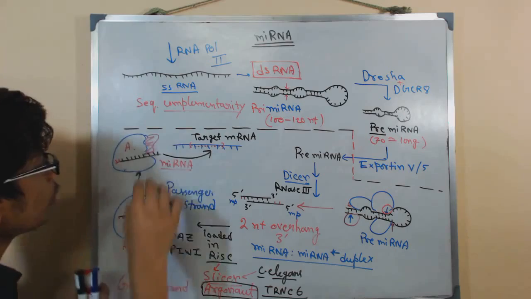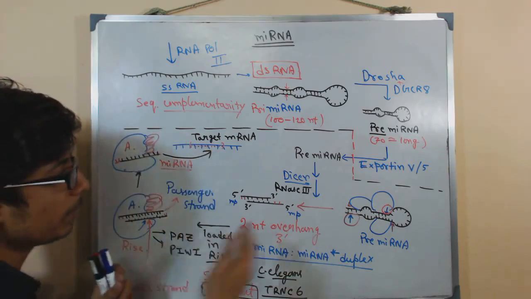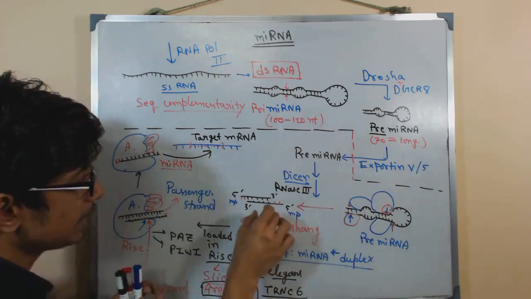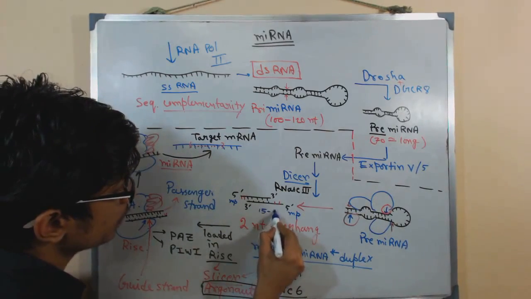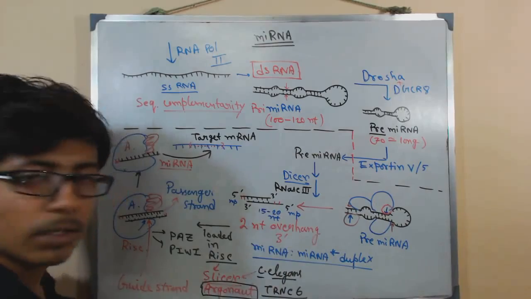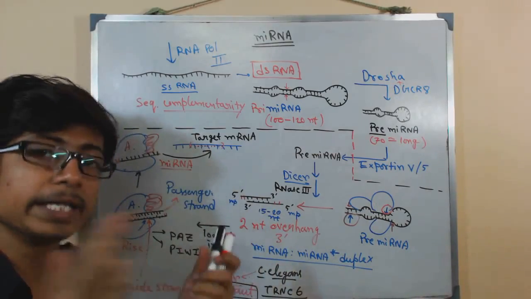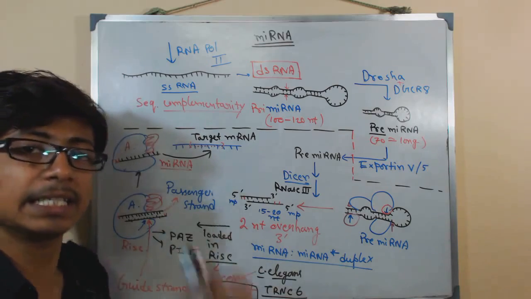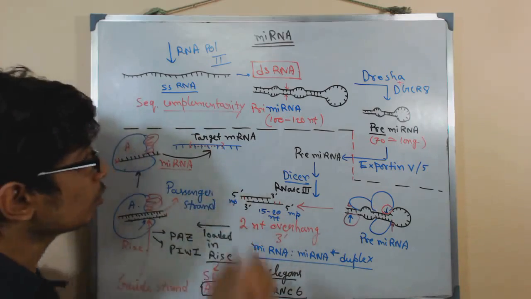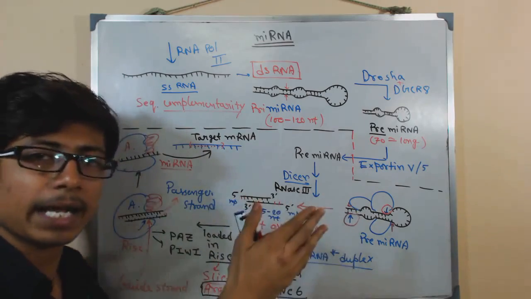Now why? Because normally, after this dicing and slicing, the miRNA is ultimately 15 to 20 nucleotides long. So 15 to 20 nucleotides is not very short. They need to find the complementarity of 15 to 20 nucleotides in the target mRNA, and it's kind of difficult to find it exactly and attach, right?